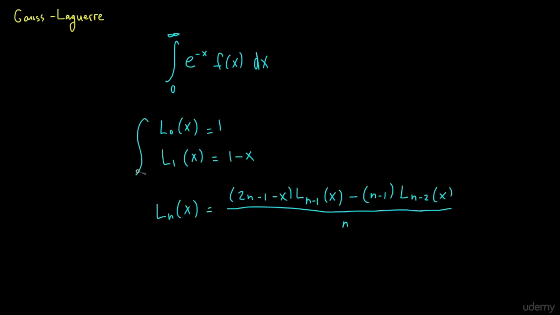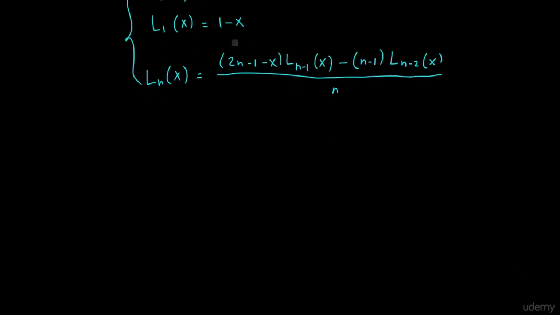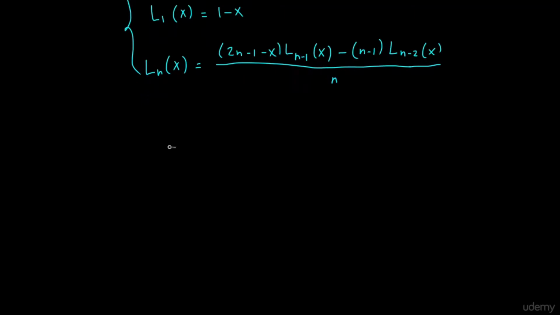So this is the Laguerre polynomial, and we're going to use it when we come to actually estimating this integral, because essentially the definition of the Gauss-Laguerre approximation is as follows. The integral from 0 to infinity of e to the minus x f of x dx is taken to be approximately equal to the following sum.